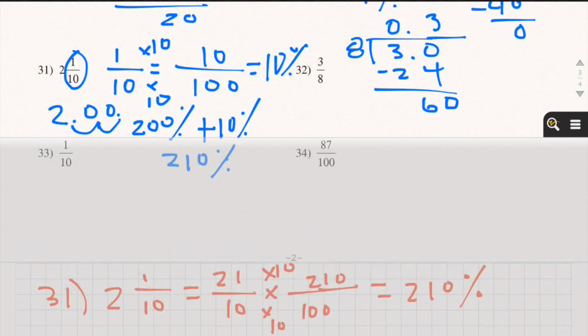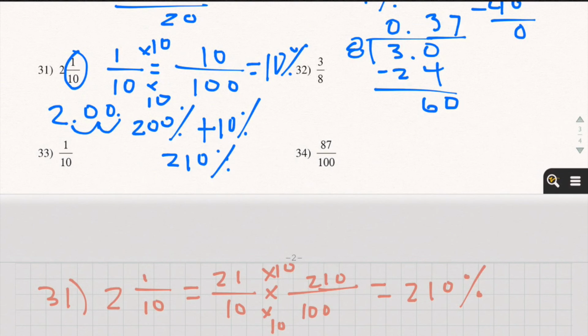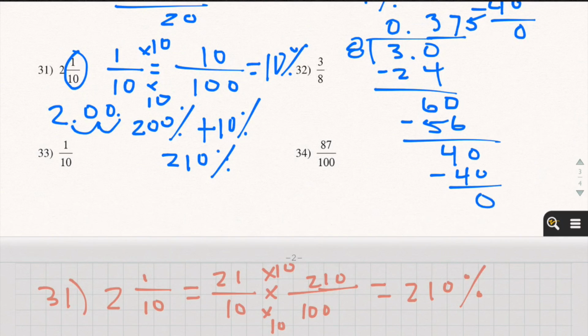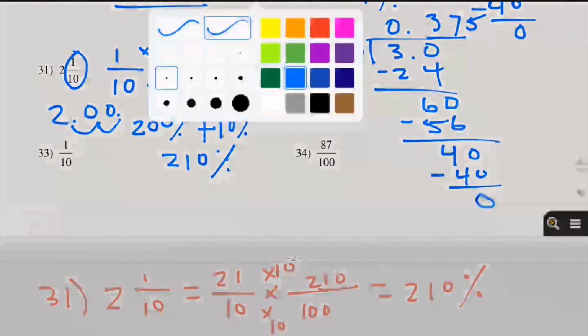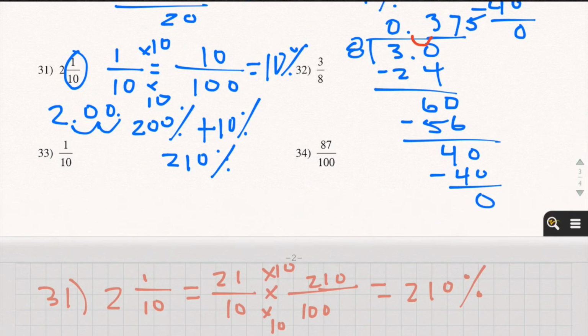Bring a 0 down. 8 goes into 60 7 times. Subtract those, we get 4. Bring down a 0. 8 goes into 40 5 times. 5 times 8 is 40. We end up getting a 0 when we subtract those. So we end up getting 0.375 is equal to 3/8. To convert that into a percent, we move the decimal over 1, 2.